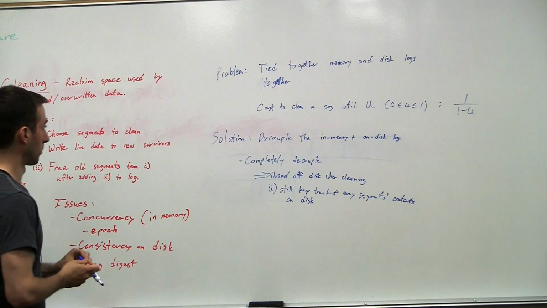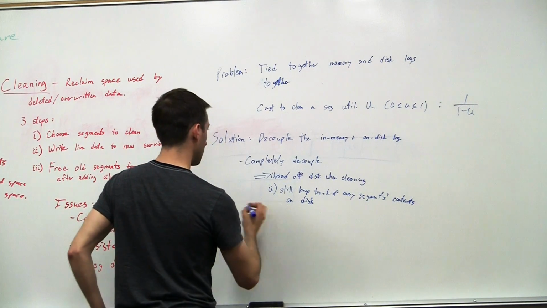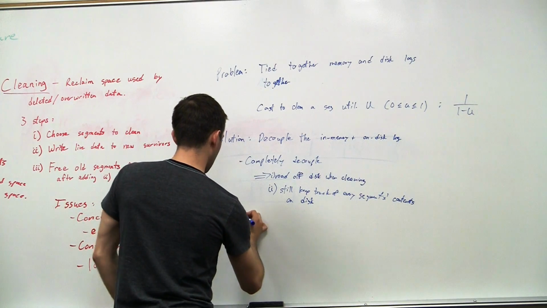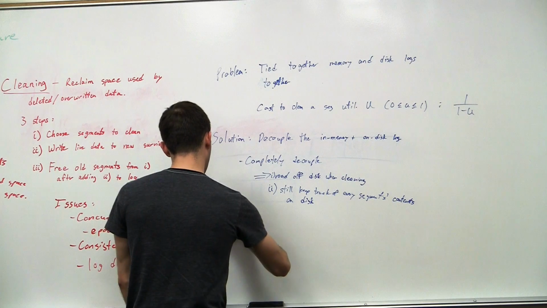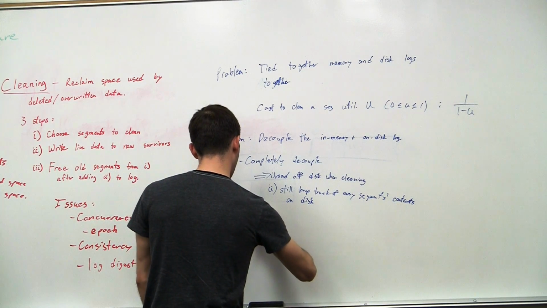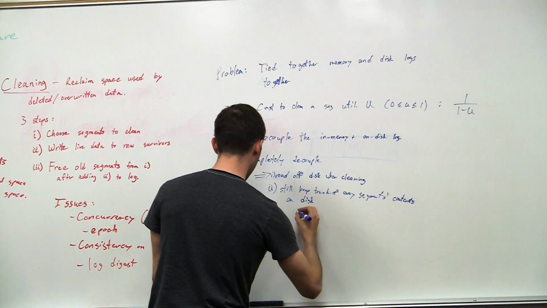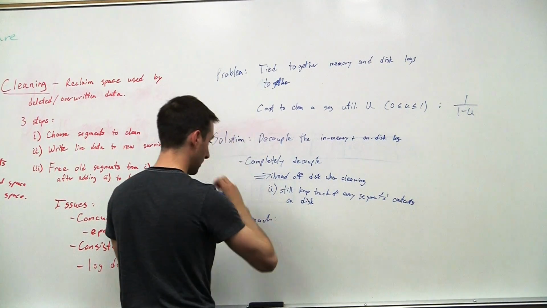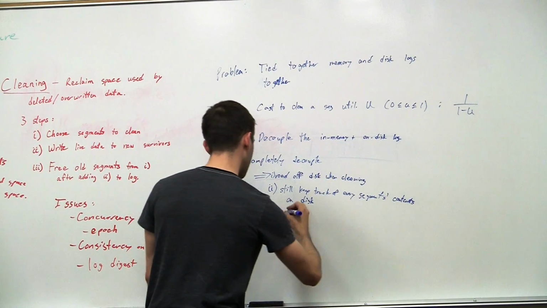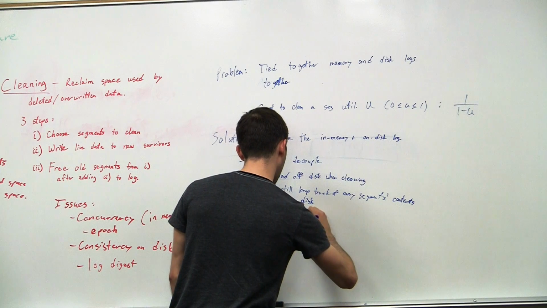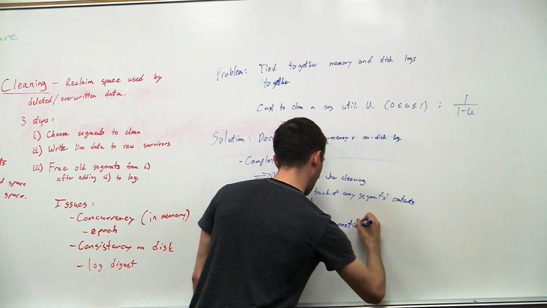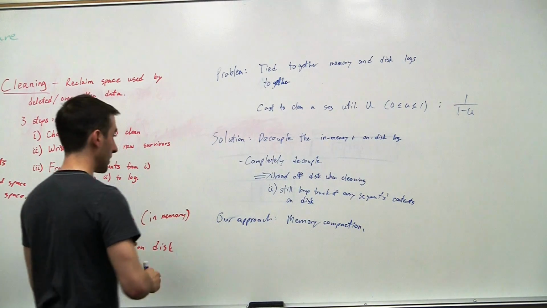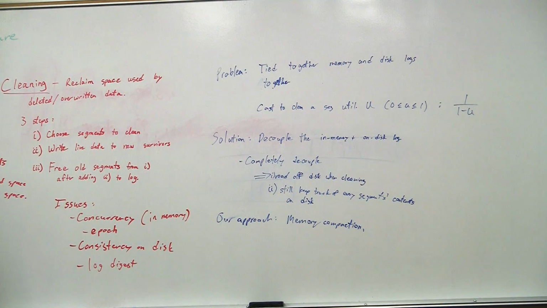So we have a slightly different solution. Our approach is somewhat simpler and avoids these issues, and it's something we call memory compaction. We basically have two separate cleaners in the system.